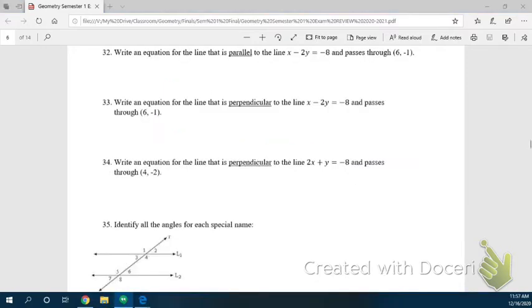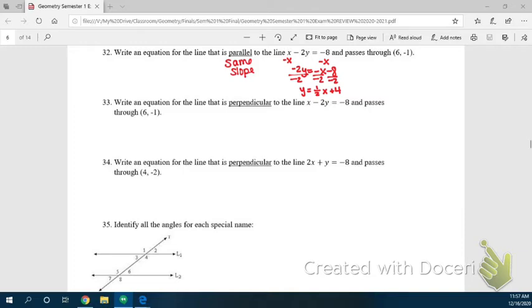All right, so looking at number 32, it says write an equation for the line that is parallel to the line x minus 2y equals -8. Remember, parallel is the same slope. So when I look at this line, I need to figure out what their slope is. When I solve to get y by itself, I'll start by subtracting x, then dividing by -2. I get that y is 1/2 x plus 4.